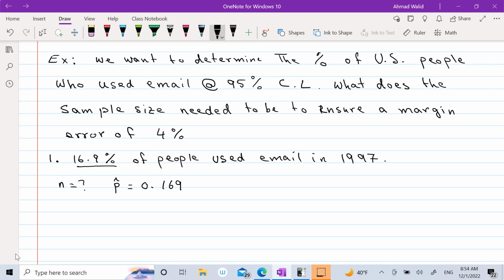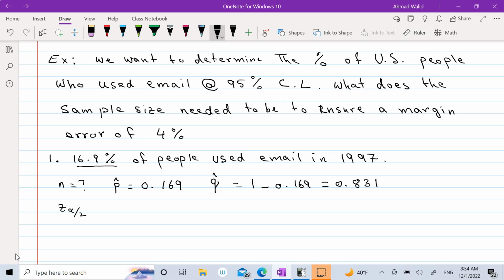If I know p hat is 0.169, then q hat is equal to 1 minus 0.169, which gives you 0.831. Correct? Now I need my Z alpha over 2.